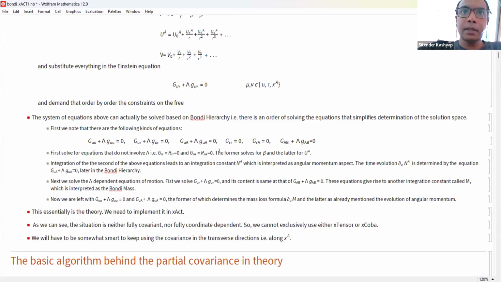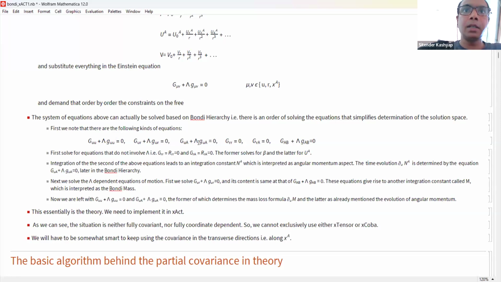The first equation, GRR, solves for beta, and the latter, GRA equal to 0, solves for UA. Integration of GRA equal to 0 leads to an integration constant called NA, which is interpreted as the angular momentum aspect. The time evolution of this NA is determined by another equation later in the Bondi hierarchy, which is GUA plus lambda GU equal to 0.